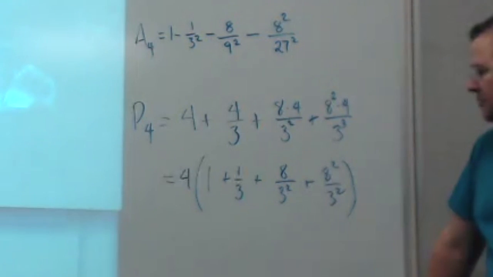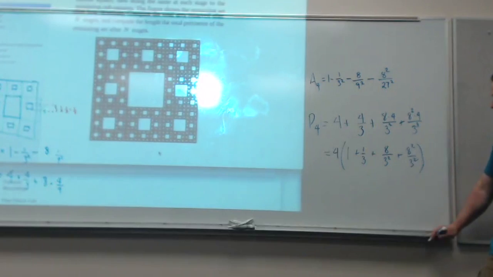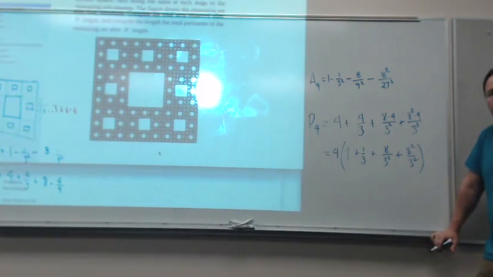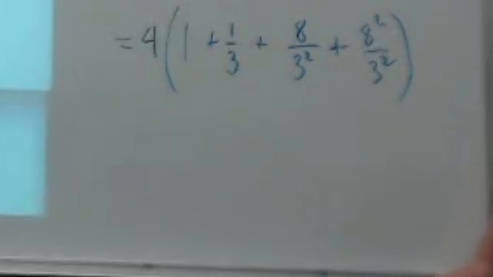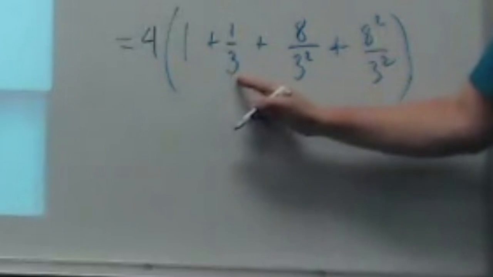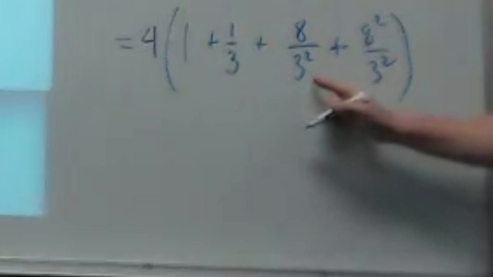Well, I guess the question is, is it geometric? That's the big question. Because if it's geometric, you'd be multiplying. The bottom is still squared. From here to here, I'm multiplying by a third to get here. But from here to here, I'd have to multiply by 8/3.